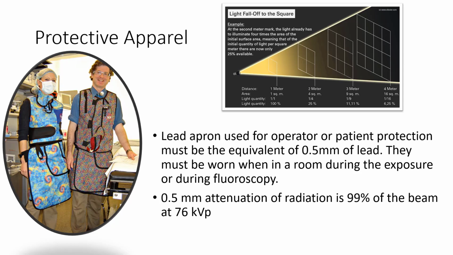Using the inverse square law, we can reduce by a rule of thumb to 1/1000th the primary beam exposure by simply being 3 feet or 1 meter away from the ionizing radiation that's being emitted by the patient. This is in addition to wearing the protective apparel.